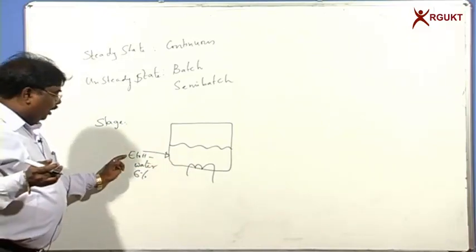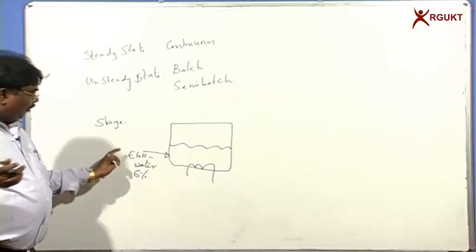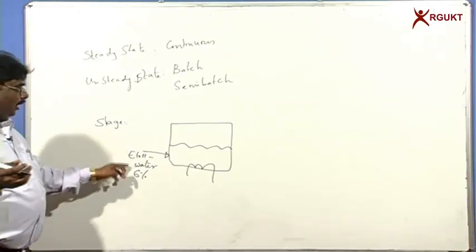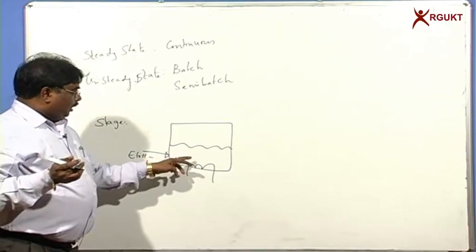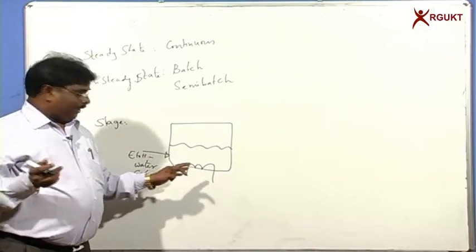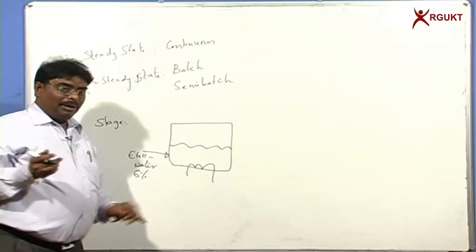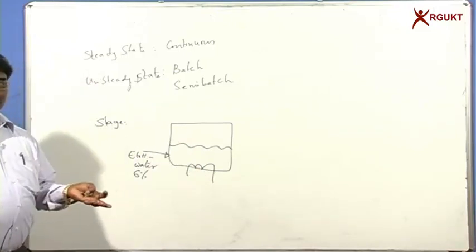We have a more volatile component, ethanol, and a less volatile component, water. Depending on the volatilities, ethanol vaporizes and water also vaporizes, but in different proportions.